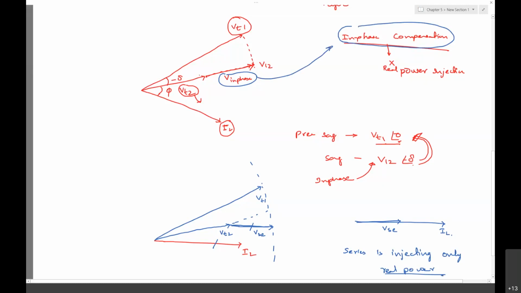The in-phase injection is with respect to the VT2. Here the in-phase injection is with respect to the IL. Both can be called in-phase injection: one is with respect to the VT2 voltage, the other method is with respect to the IL.